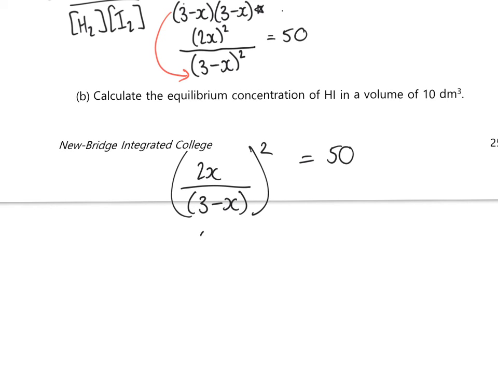We talked a wee bit about this yesterday. We're going to end up with 2x over 3 minus x equals the square root of 50. If something's squared on one side, you take the square root on the other side. It's like the opposite.